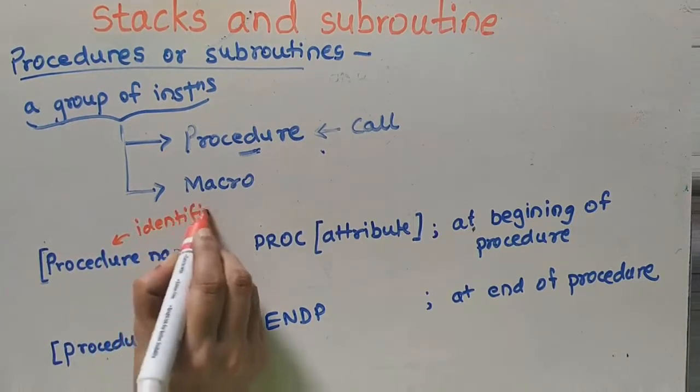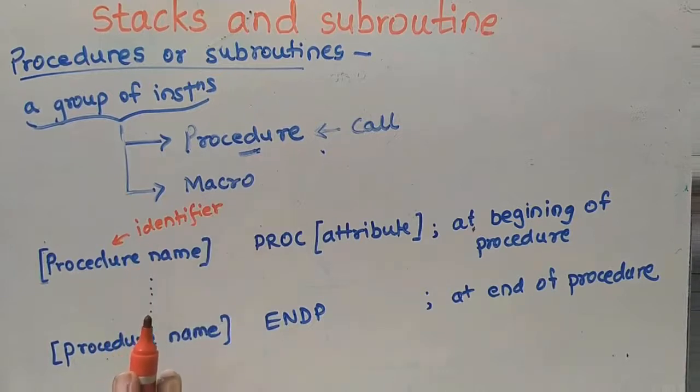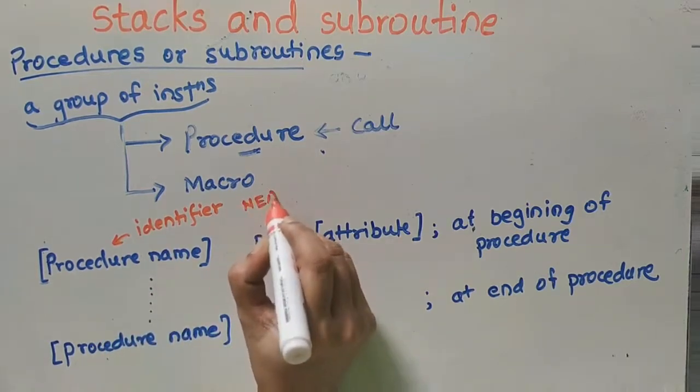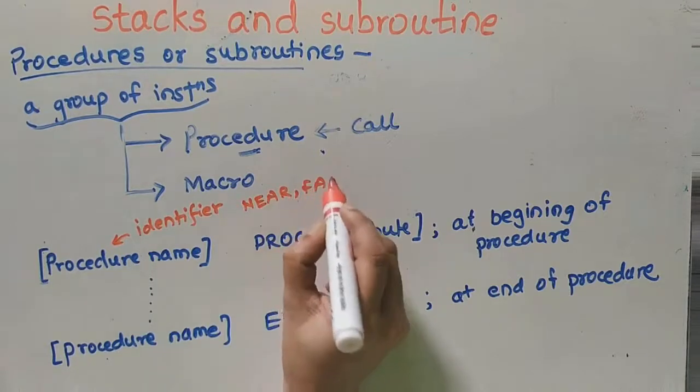So it is the identifier for calling the procedure, and the attributes for this procedure name are NEAR and FAR.